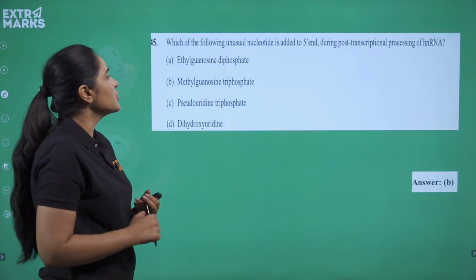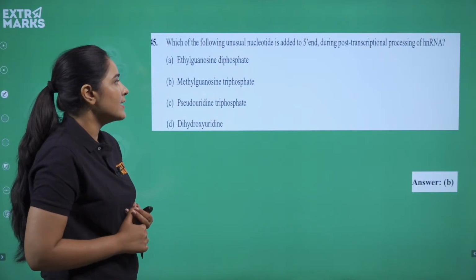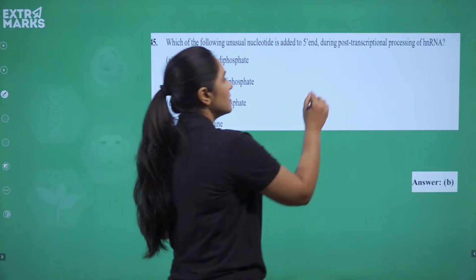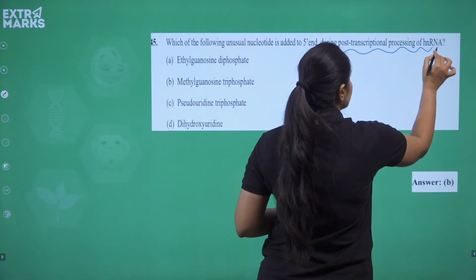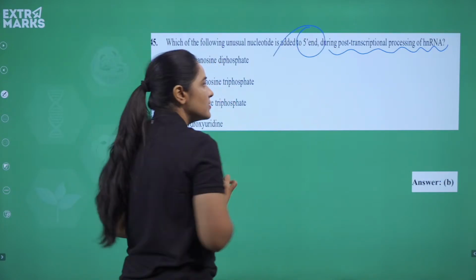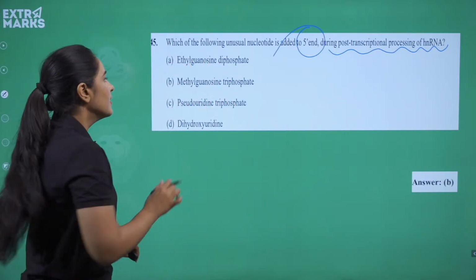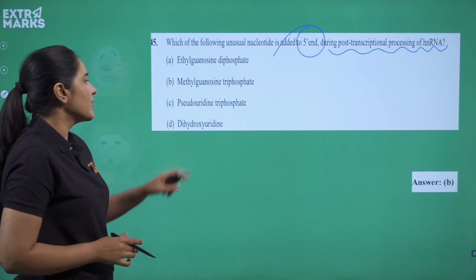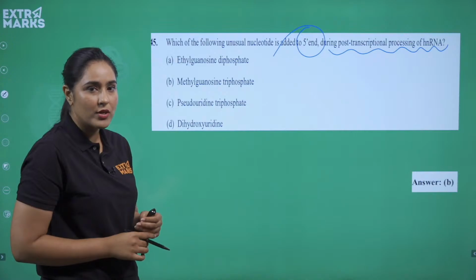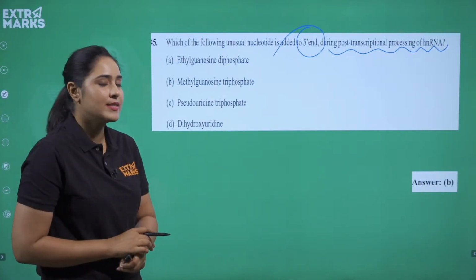Another question, which of the following unusual nucleotides is added to the 5' end during post-transcriptional processing of heterogeneous RNA? So at the 5' end what we are adding here? Methylguanosine diphosphate, methylguanosine triphosphate, pseudouridine triphosphate or dihydroxyuridine.